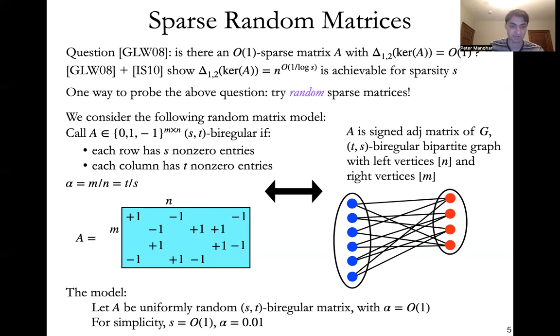So for example, here in the matrix A, we can see that the right vertices correspond to rows of the matrix A, and we can see that the first right vertex is connected to vertices 1, 3, and 6 on the left. And as you can see on this bipartite graph here, I have made the first right vertex be connected to vertices 1, 3, and 6 as well. So this is the equivalence between these matrices A and bipartite graphs.